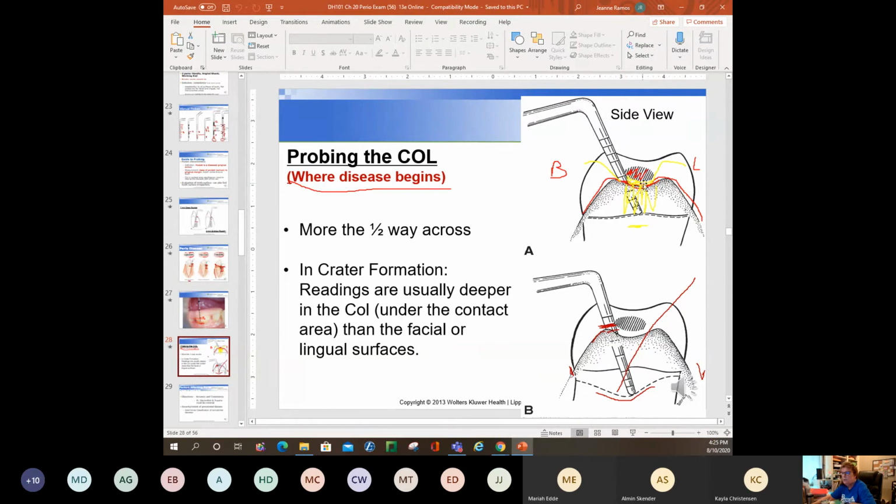Where this is yellow right there, that's the col area, underneath. You want to be able to scale from there all the way to the bottom of the probe. So if you make a long stroke, you're going to go like this and get caught in the middle of the teeth.